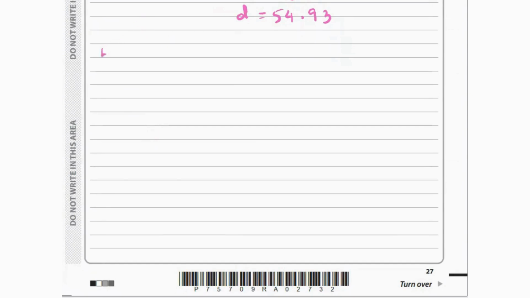So dh over dx is going to be 1.5 minus 0.5 times e to the power of 0.02x plus 0.5x times 0.02 times e to the power of 0.02x.